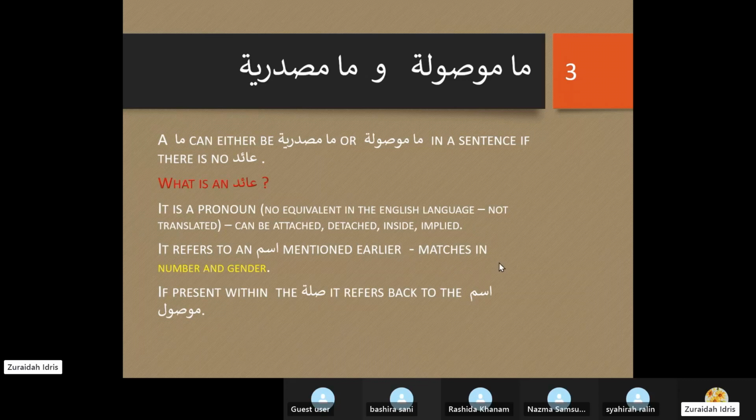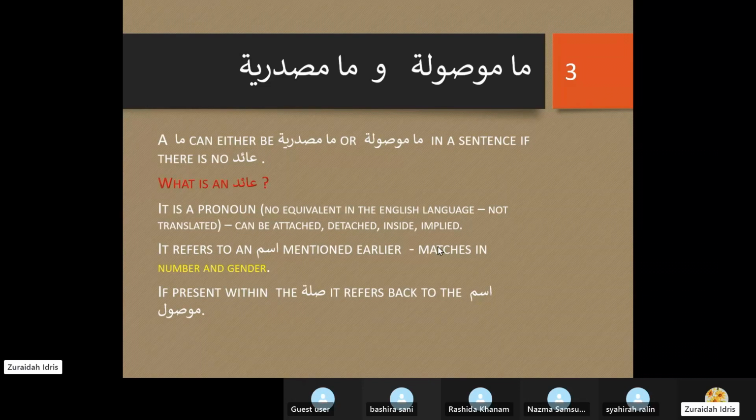What do I mean by that? Before that, I want to highlight the implied a'id, meaning that you don't see it in the sentence. The rest is okay. You can see it. It's either attached, detached, or inside.